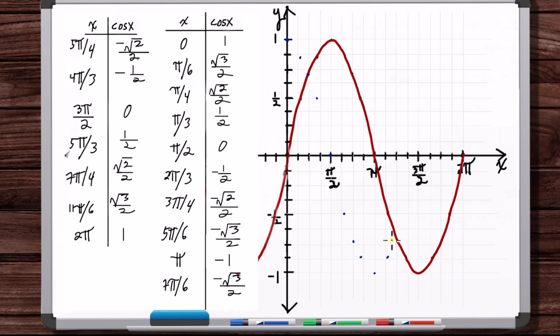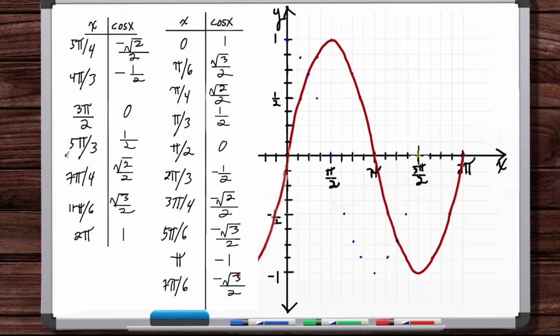Okay, 5 pi over 4, there's 5 pi over 4, and this is where the two curves cross. Then 4 pi over 3 is, let's see, this corresponds to this point here, and we're at minus 1/2.